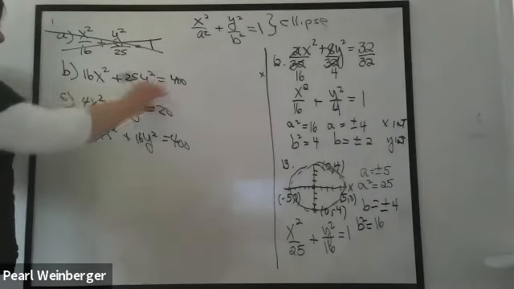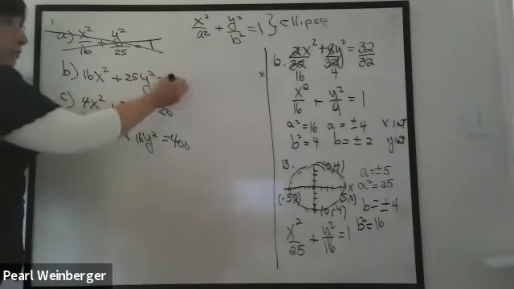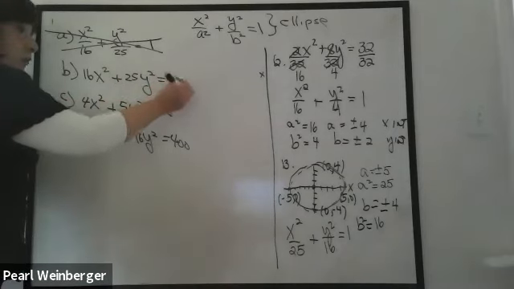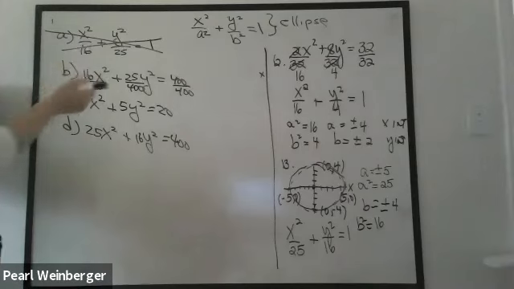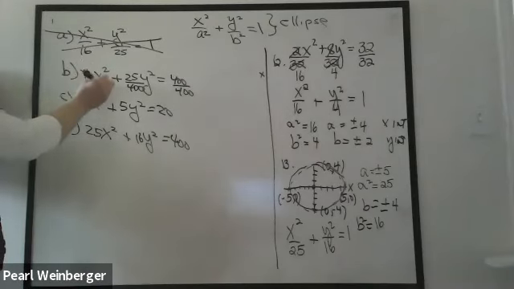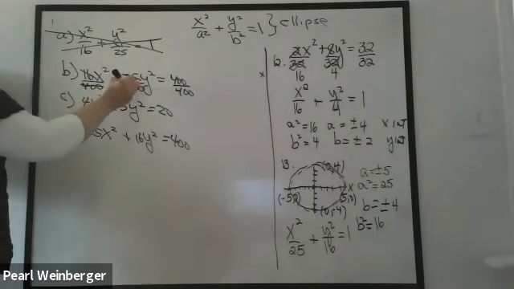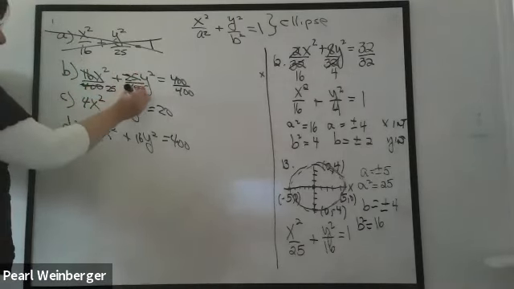This one I would put in standard format by dividing everything by 400. And when I reduce this, the 16 goes into the 400 and gives me 25. The 25 goes into the 400 and gives me 16.